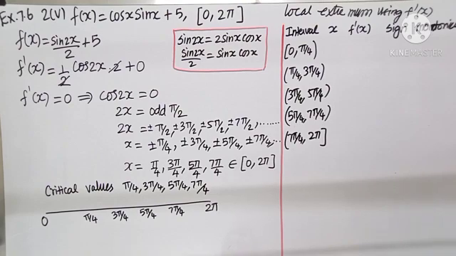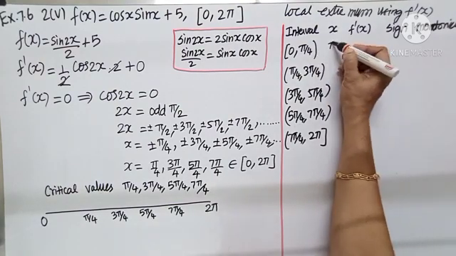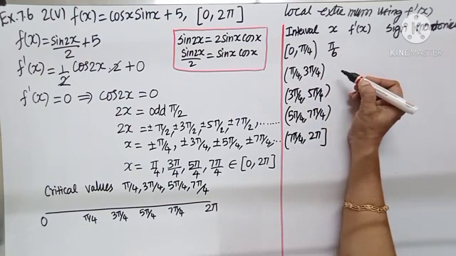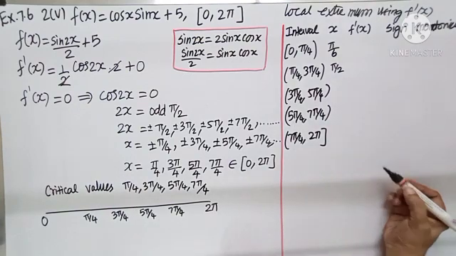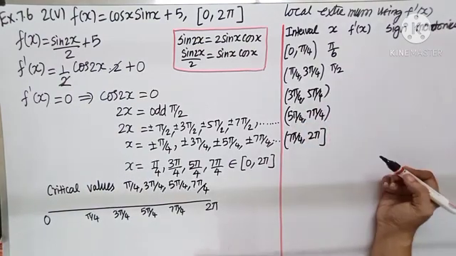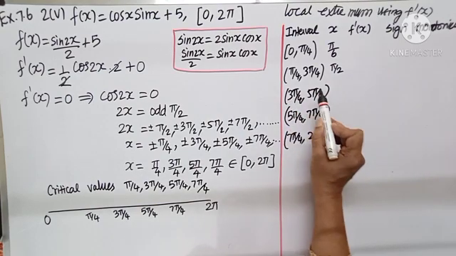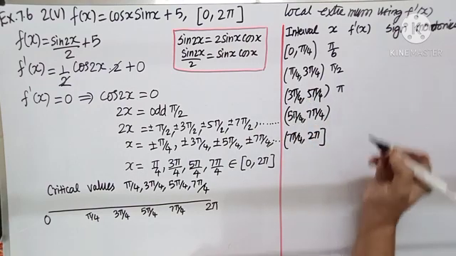Select an x value in each interval. Before pi by 4, I can put pi by 6. Pi by 4 to 3 pi by 4, you can put pi by 2, 90 degrees. 3 pi by 4 to 5 pi by 4, in between you can put 4 pi by 4, that is pi.